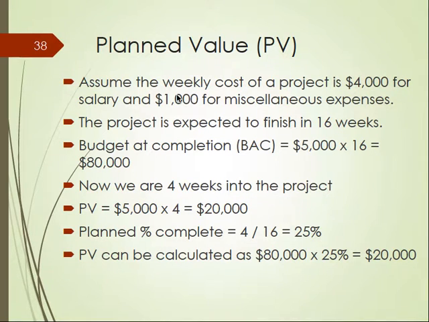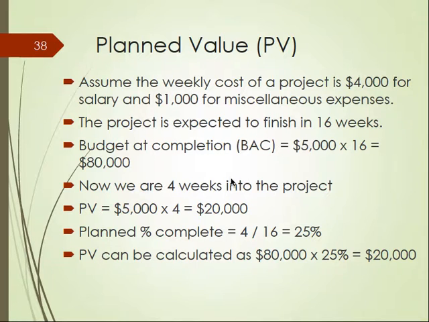So for 1 week, office space is $1,000, salary is $4,000, and if the project is planned to finish in 16 weeks, the whole project is going to cost 4,000 plus 1,000 becomes 5,000 times 16 weeks. It will be $80,000 for the whole project.